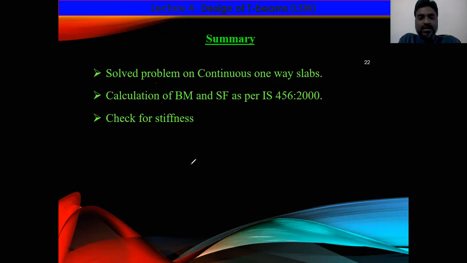Based upon that, we have calculated and checked against our actual L effective by D ratio. Our L effective by D ratio is much less than the permissible value, so therefore it is safe.